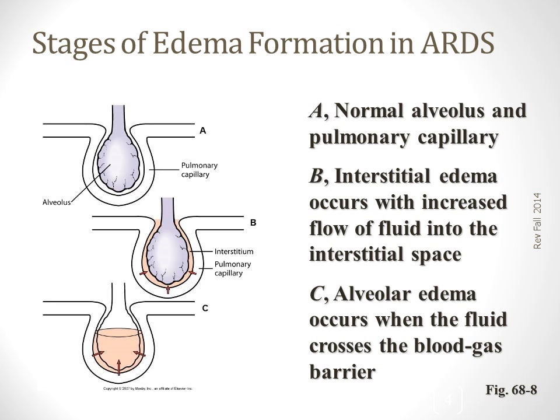You can see in figure C that it's about halfway up the alveoli. So we still have some area for gas exchange. But as ARDS continues, eventually the alveoli fill and there is no area for gas exchange.